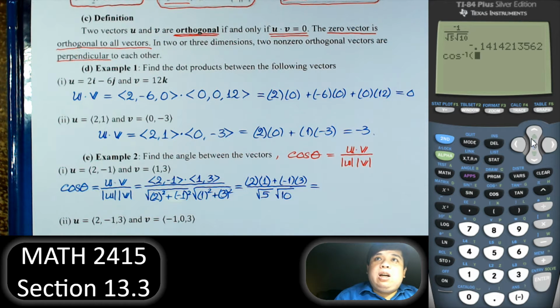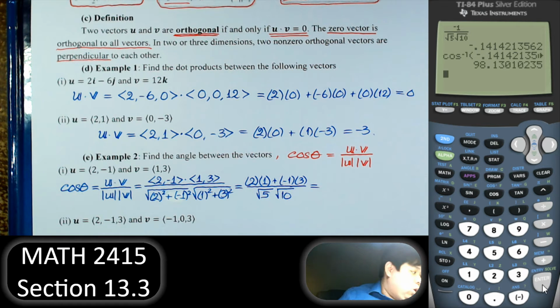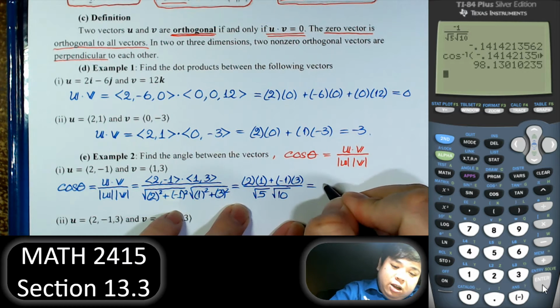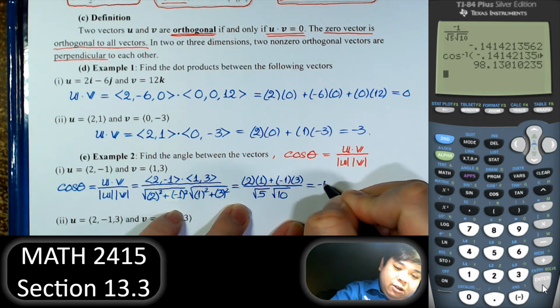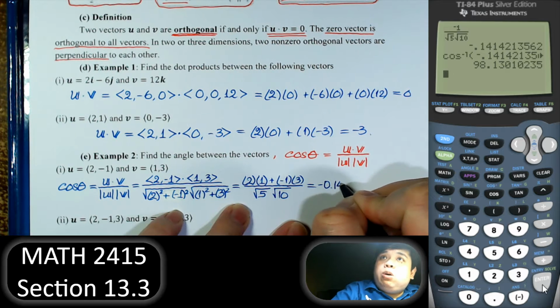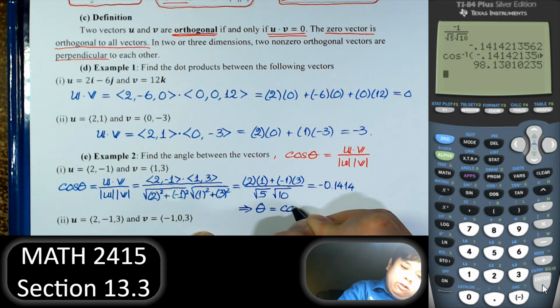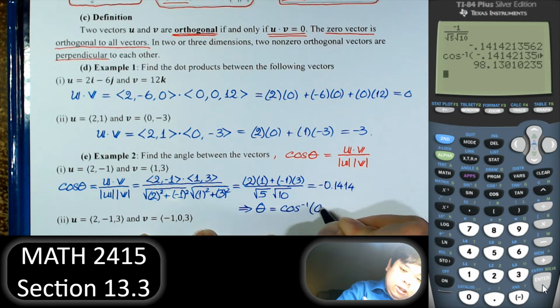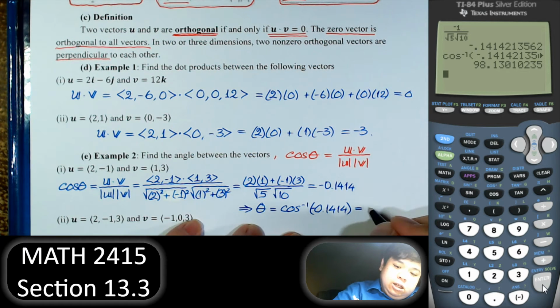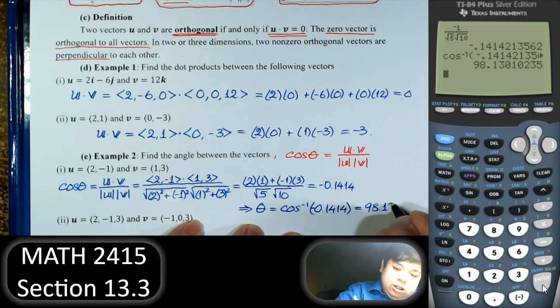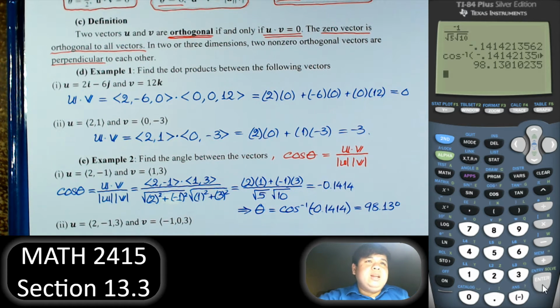So the cosine inverse of that result is 98.13 degrees. Right, so I have negative 0.1414, and so theta equals cosine inverse of negative 0.1414, which is 98.13 degrees. So it's simple enough, just very straightforward. Just be careful. That's all.